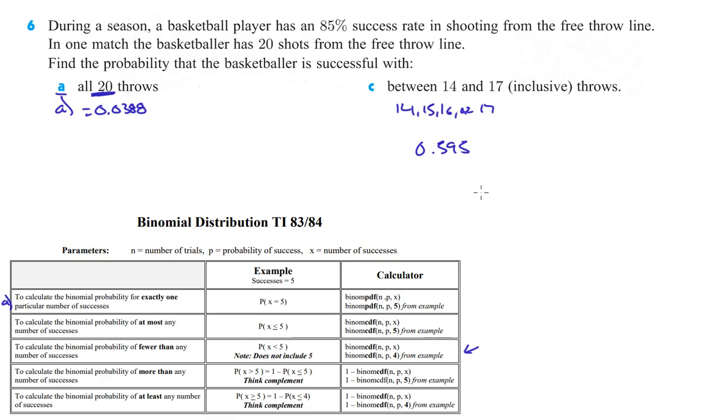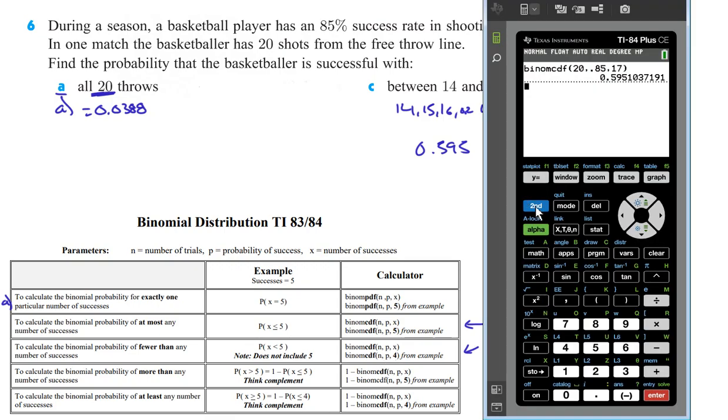Actually, we just did this one here, so at most 17 is what we just did. And now we want fewer than 14, so that would really be 13. So we want to know the probability of getting 0 through 13.